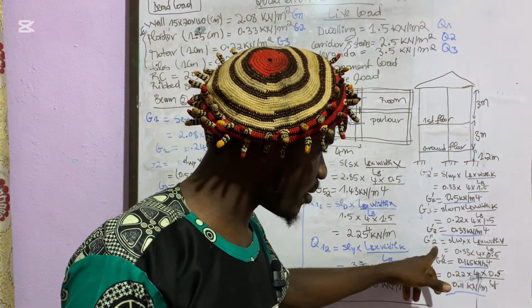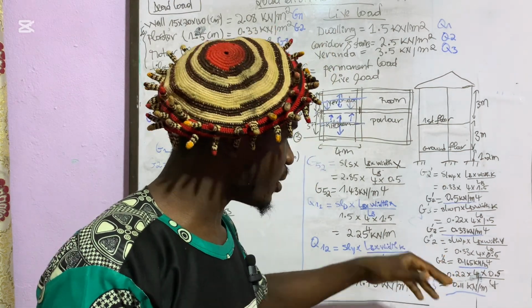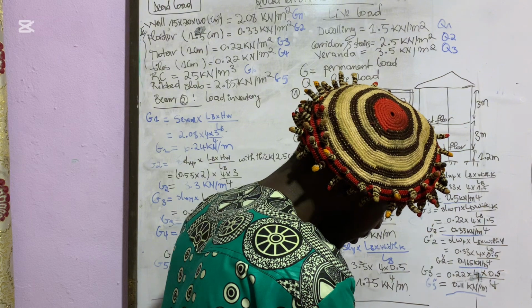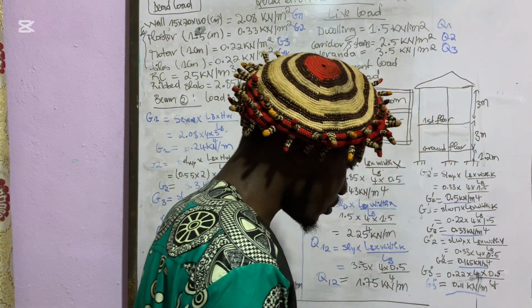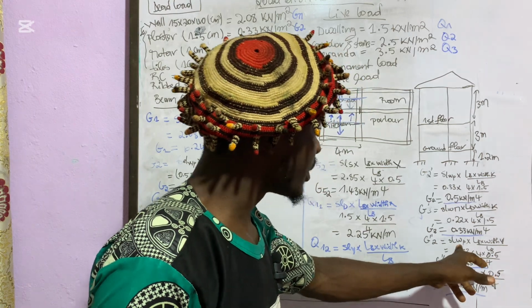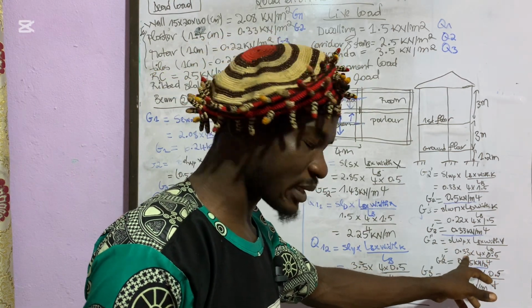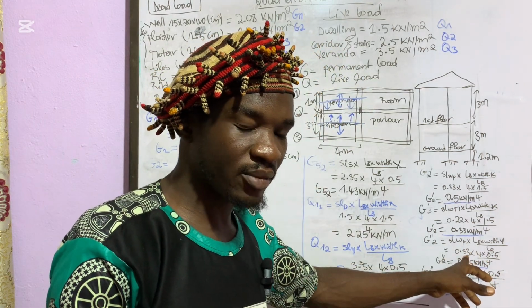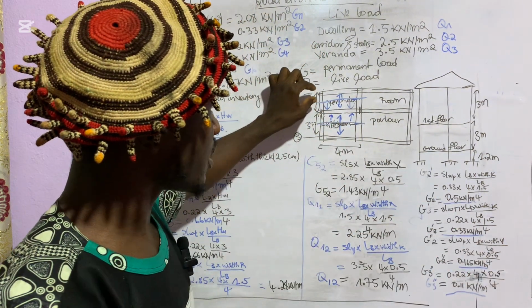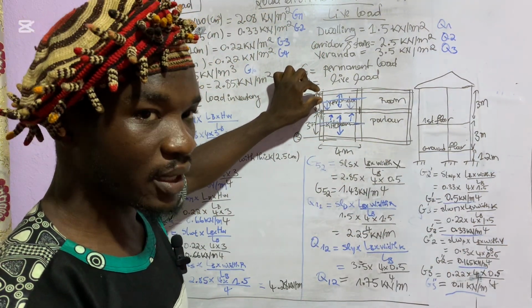So we have G prime prime 2, which is for the plaster, is going to give 0.33. We already know 1.5 centimeter thick times 4 times 0.5, which represents the width of our veranda. Okay, 0.5.